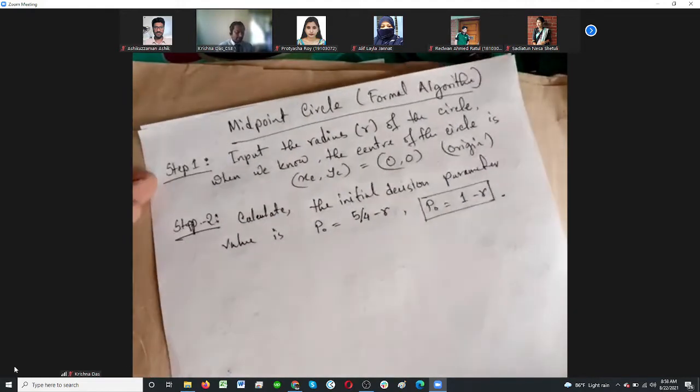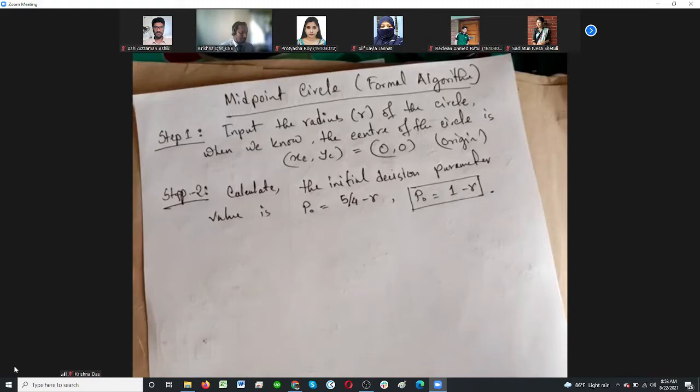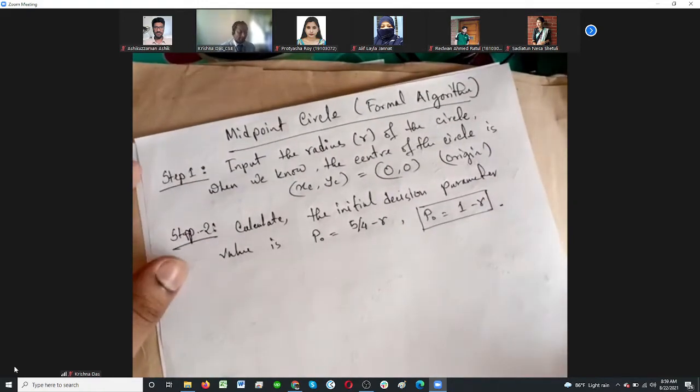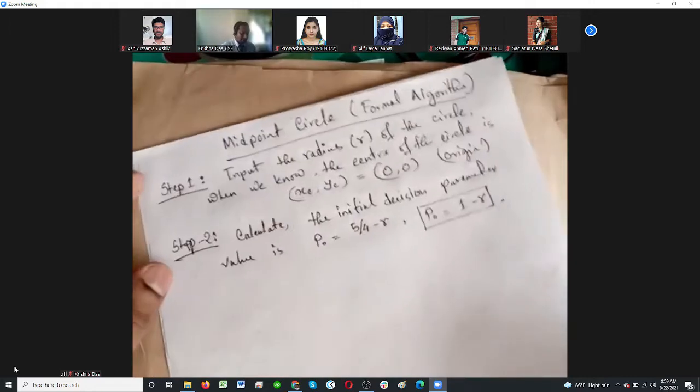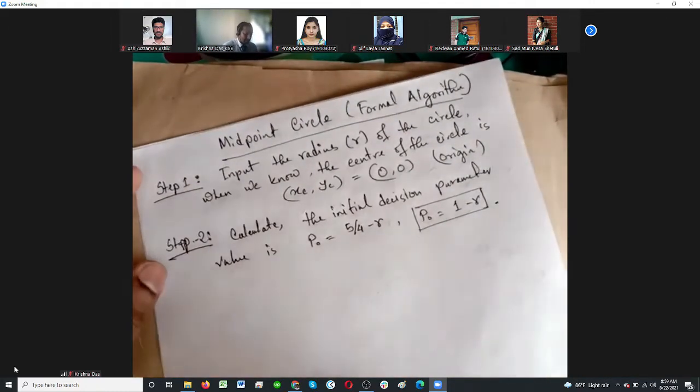Now we will go to step 3, where we are going to consider the same loop, one to another, for all the points that we are going to find out, for that sequence of pairs of pixels that we have.